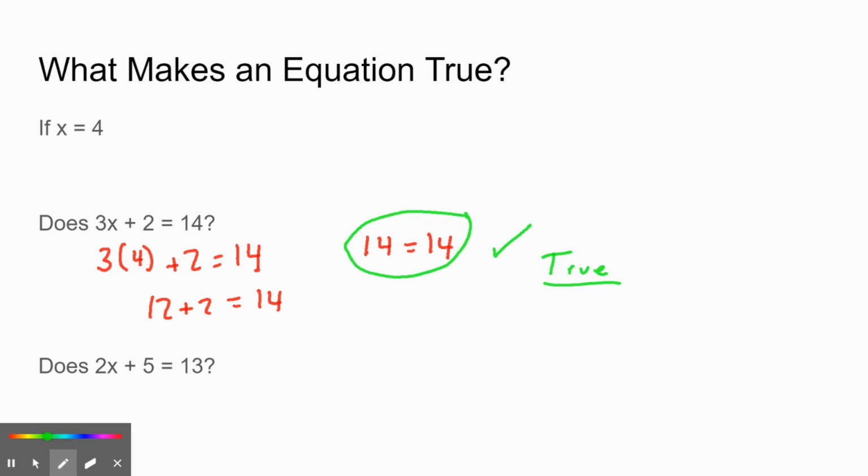Now, let's check the next one. Does 2x plus 5 equal 13? Again, we said that x was 4, so we're going to do the same thing. We're going to substitute x with the 4.